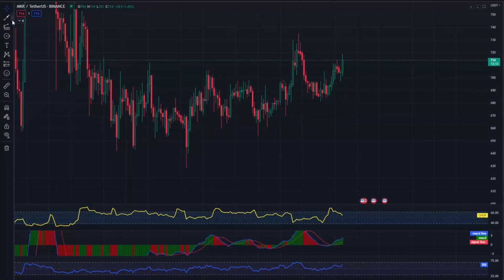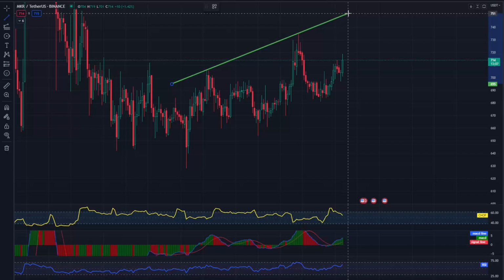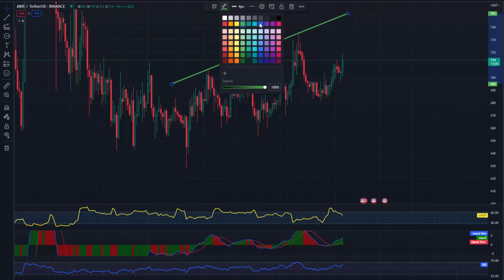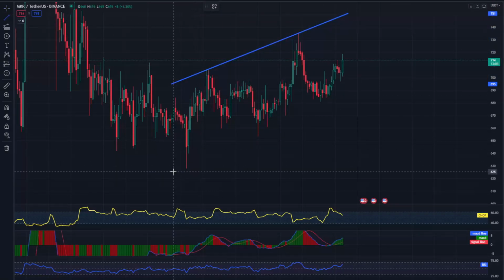Last in today's chart is the MKR chart against USDT on a 4-hour interval. First, we will use the blue lines to mark the uptrend channel in which we are currently moving.